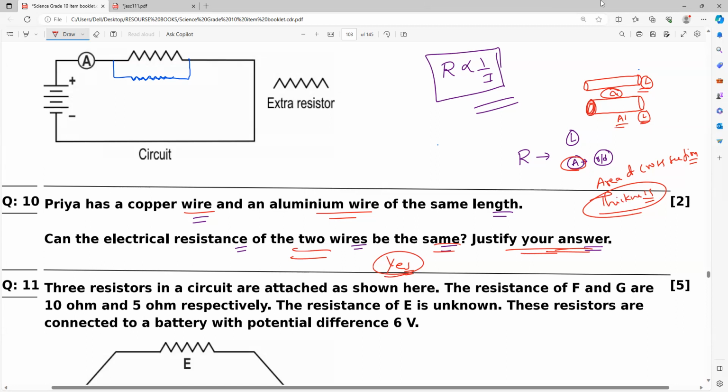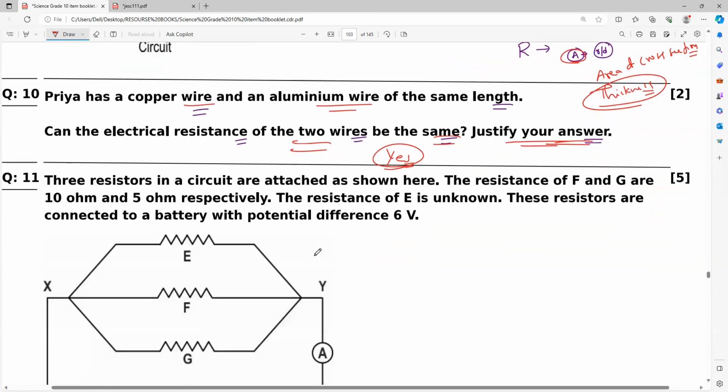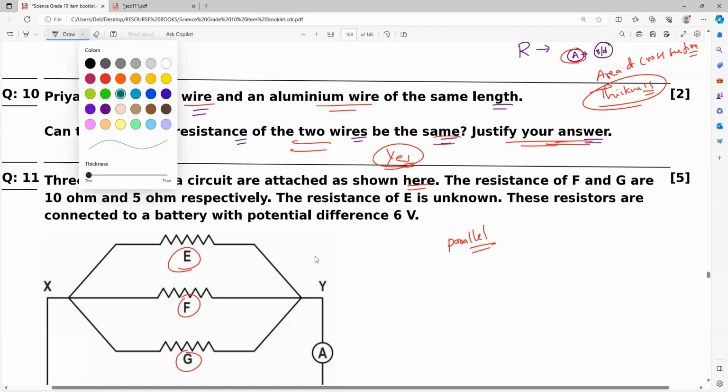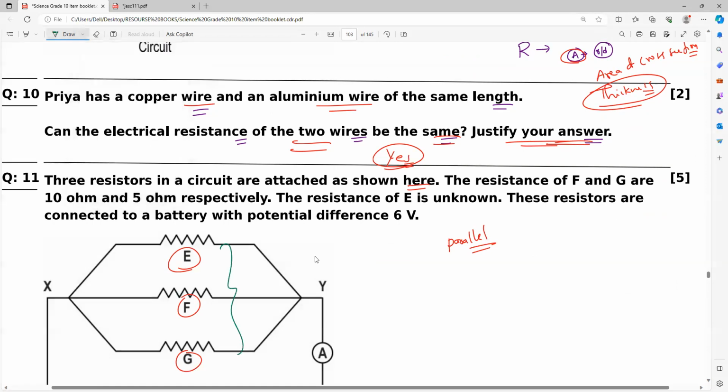Next, three resistors in a circuit are attached as shown here. E, F, and G. So of course, all are in what connection? By seeing itself, you can say. Parallel. The resistances of F and G are 10 ohms and 5 ohms.